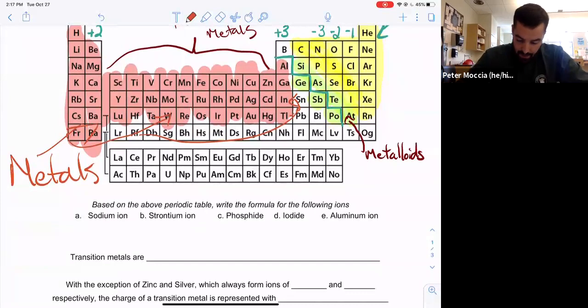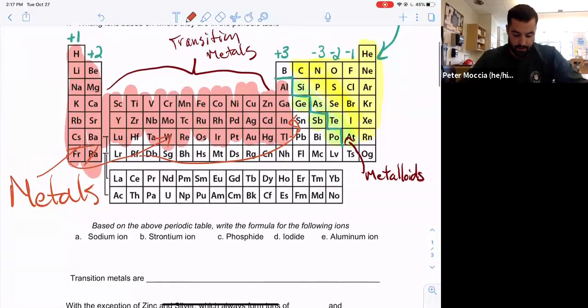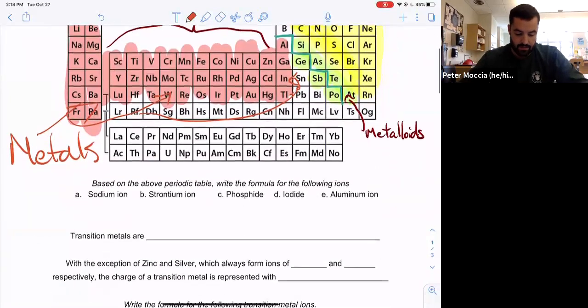Based on the above periodic table, write the formula for the following ions. That's something you're going to do on your own.